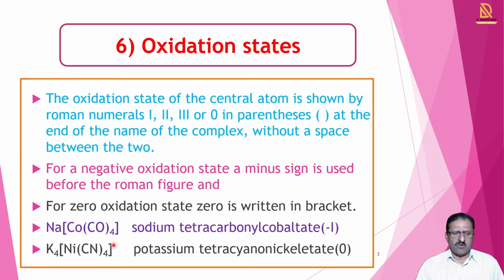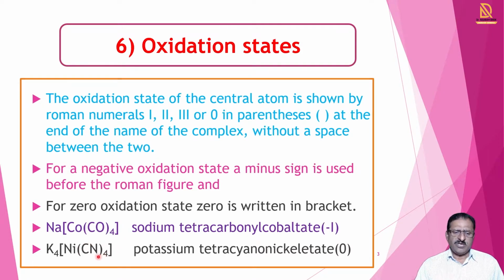Now the second compound, K4[Ni(CN)4]. In this complex, 4 CN are attached with nickel, and outside the bracket there is K4. So when there is K4, the square bracket carries a -4 charge.